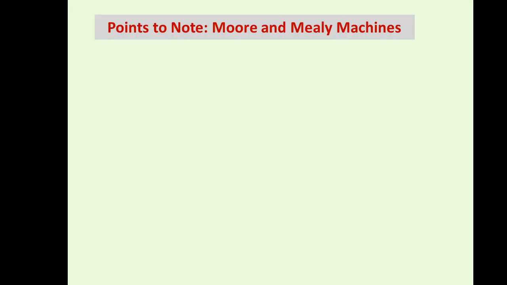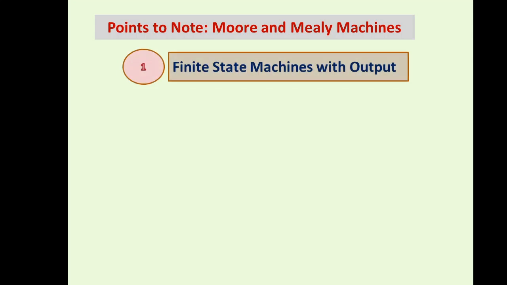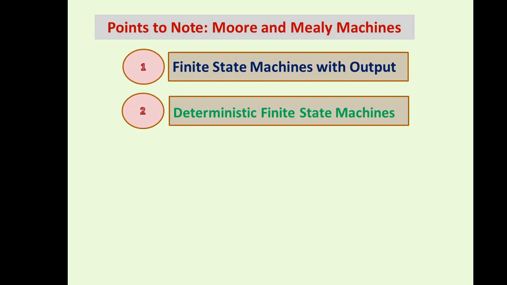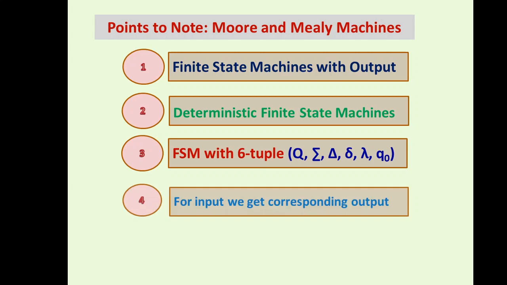Some important points to note related to Moore and Mealy machines. Both are finite state machines with output. As we have seen, output is associated with state in Moore machine and output is associated with every transition in Mealy machine. Both are deterministic finite state machines, that is from current state and on given input symbol we will reach exactly one state.